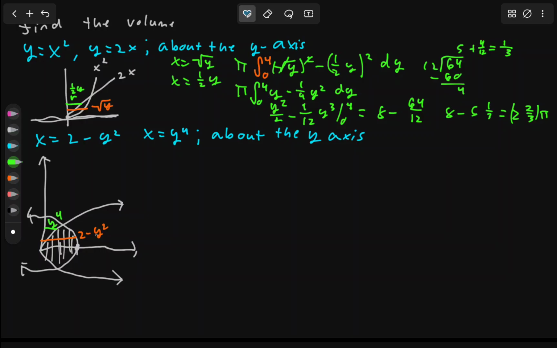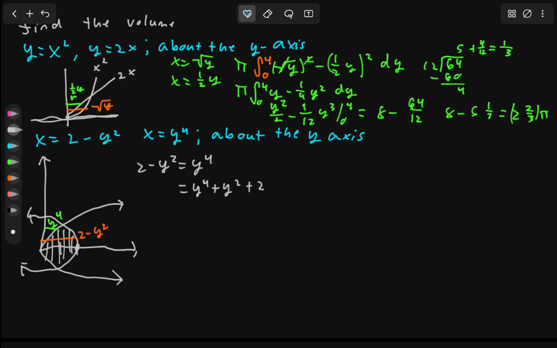So now what we have to do is expand this out and then integrate. First let's set these equal to each other. So we get 2 minus y squared is equal to y to the 4th. All right, let's solve for y to the 4th here. So we get y to the 4th plus y squared plus 2.